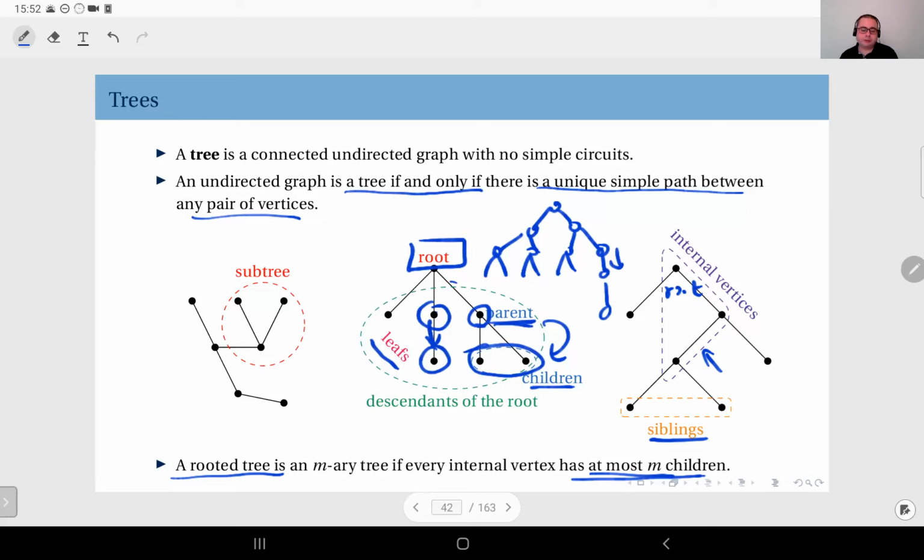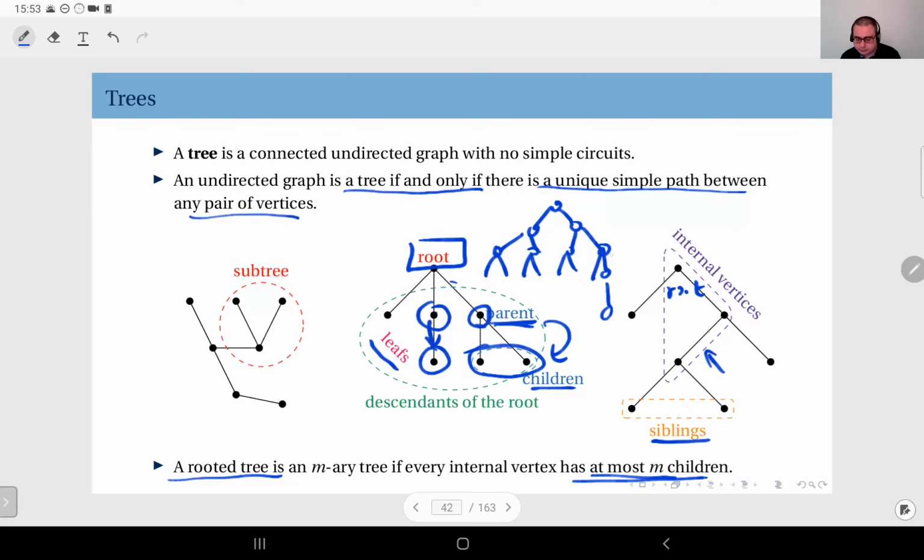What is not allowed is more than 2. If you have more than 2, for instance, if you have 3 here, this is not a binary tree, but a ternary tree, a tree with 3 children at most for every vertex. So this "at most" is important. Do not forget this. It doesn't say, for instance, that a binary tree has to have 2 children at every internal vertex.